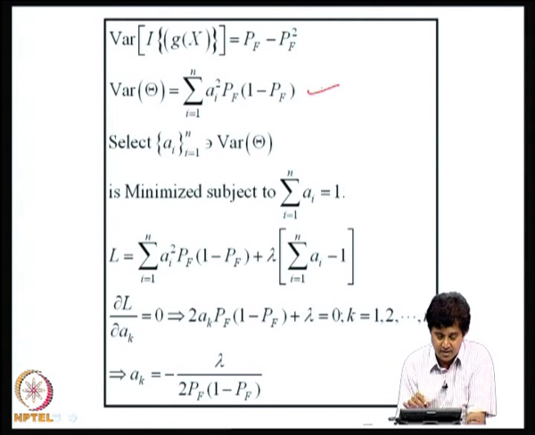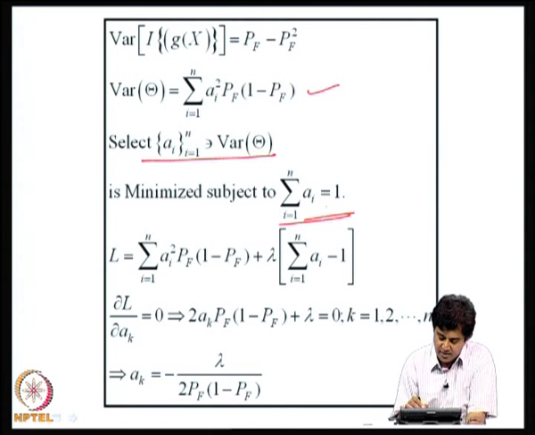Now, the a_i's are still unselected. So what do we do? We select a_i, i equal to 1 to n, such that the variance of theta is minimized subject to this constraint. That means the moment this constraint is satisfied, theta becomes an unbiased estimator, and the moment this optimization criterion is met, we get an unbiased estimator with minimum variance.